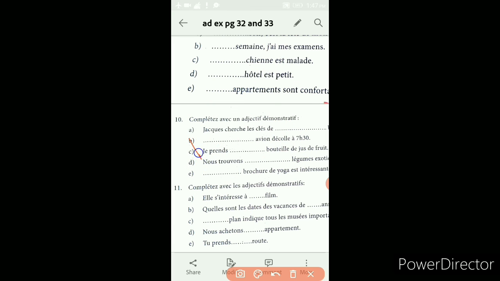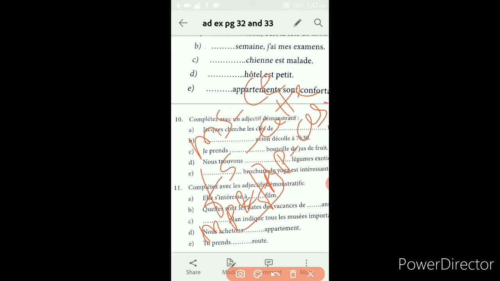So for masculine singular, you have to write CE. For feminine singular, you have to write CETTE. For masculine plural and feminine plural together, it is plural only: you have to write CES. For vowel masculine singular, the vowel concept is applicable, so you write CET.